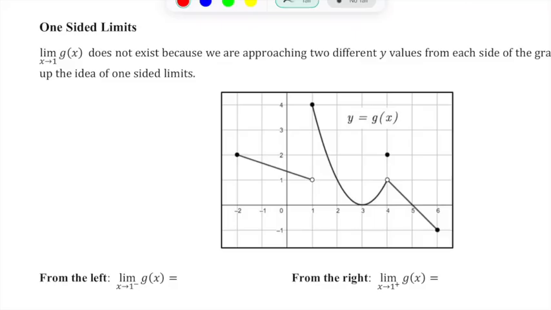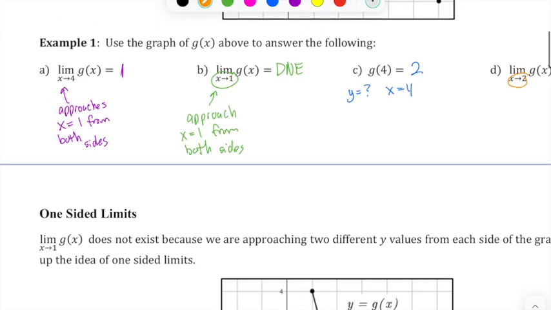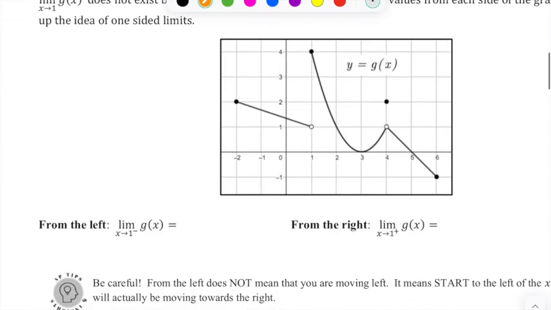Now, one-sided limits are just like what they sound like. It's actually just caring about one limit, one from a certain direction. So in our last example, when we approached 1 from the left, our value was equal to 1. And that's what this terminology means.